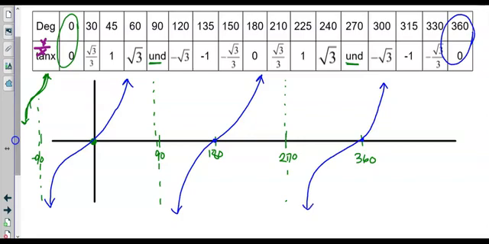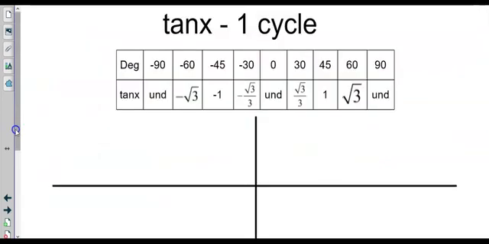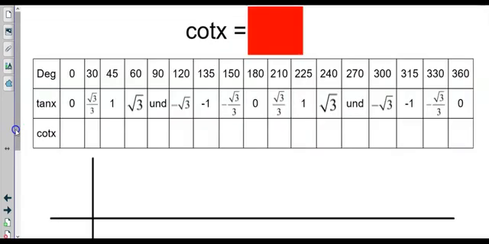So that's what your tangent parent function looks like. Again, the big things there are just kind of the shape of the graph. So I kind of compare it to the cubic parent function. It goes through 0, 0, and then those asymptotes are at -90, 90, 270, etc. All right, I'm going to skip that one. I don't think we need to do that.